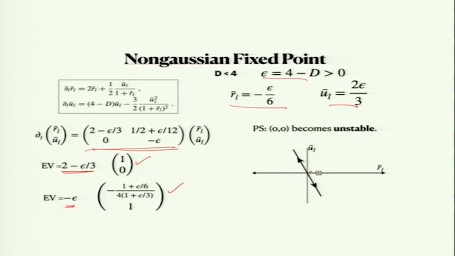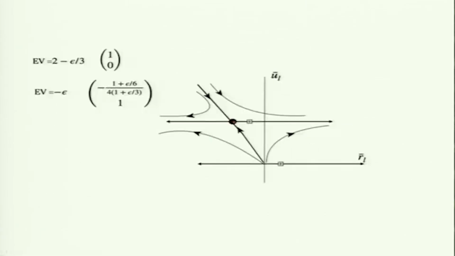One, this picture I already told you about, the 0 point has become unstable. So, the flow will go to the new fixed point, and the new fixed point is here. It turns out that U_L bar is positive and R_L bar is negative. The eigenvalues are 2 minus epsilon by 3... epsilon by 6, and one of them was 2 epsilon by 3.